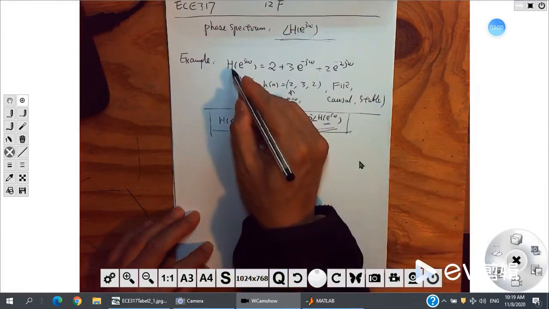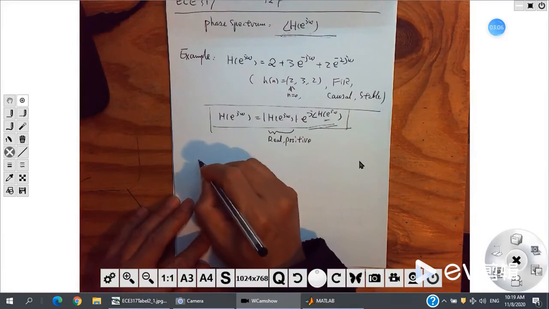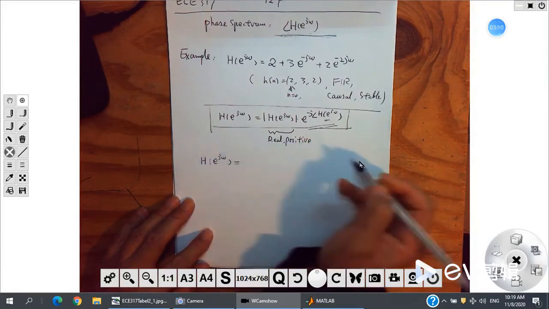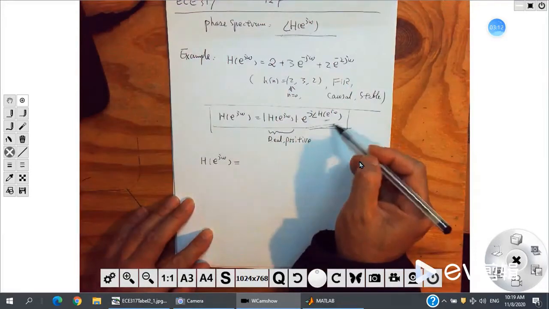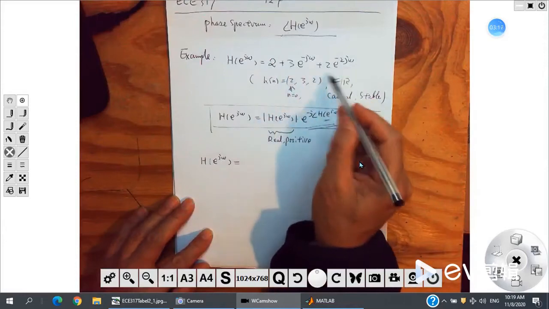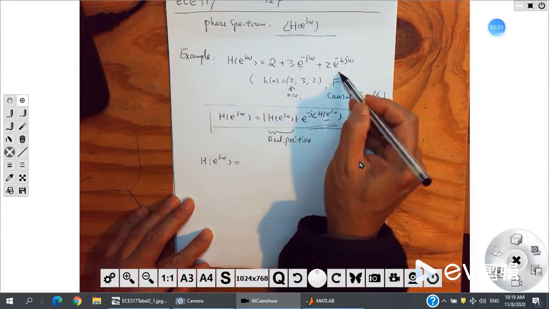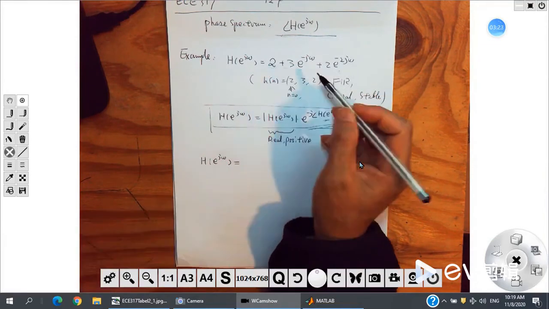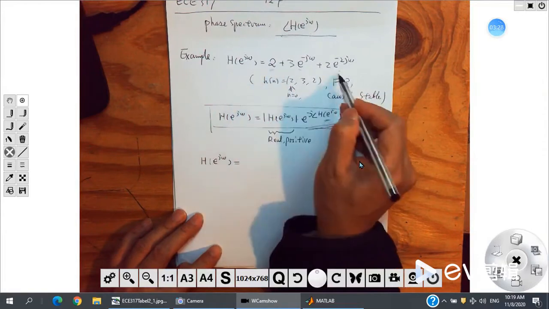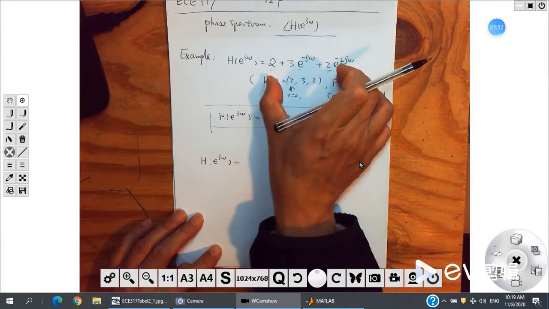Okay, let's look at this example. H(e^jω) equals, can we remove some common e^j something term outside? This one has exponent 0, this one has a different one, and this one has exponent minus 2. In this example, this coefficient is 2 and this is also 2, right? So we can try to merge them together.